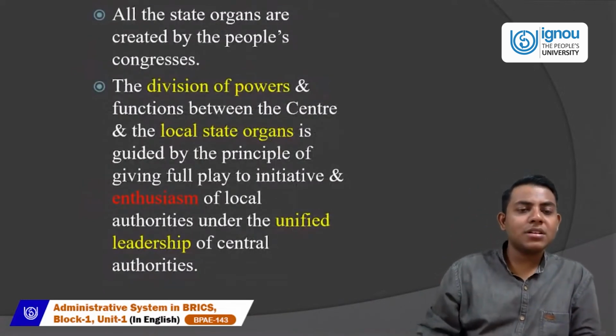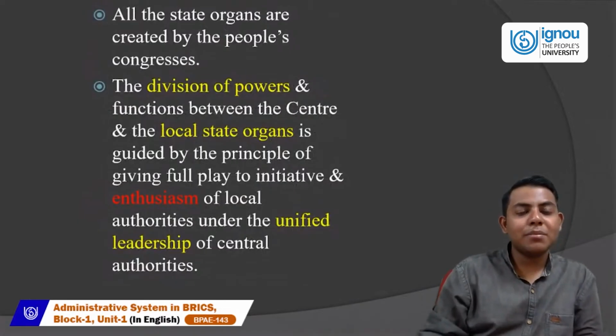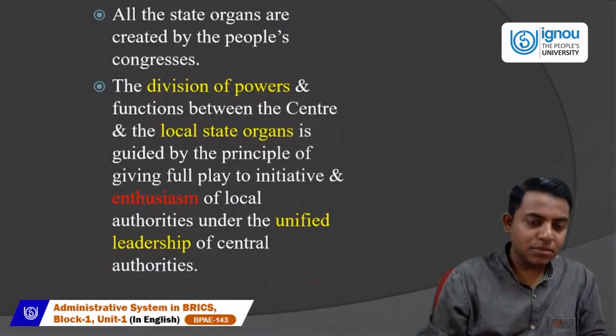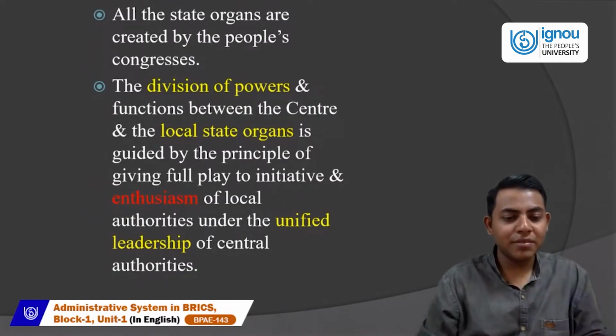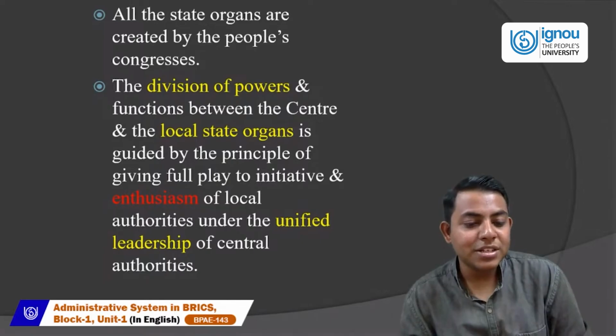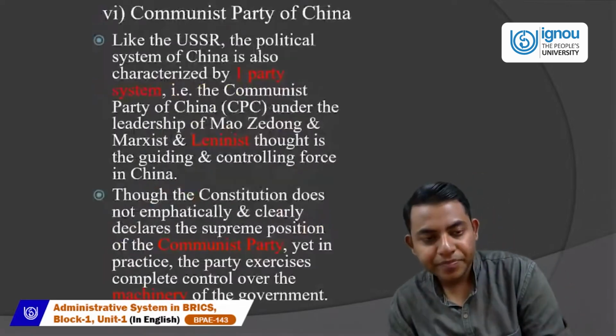All the state organs are created by the people's congresses, and the division of powers and functions between the center and local state organs is guided by the principle of giving full play to the initiative and enthusiasm of local authorities under the unified leadership of central authorities.